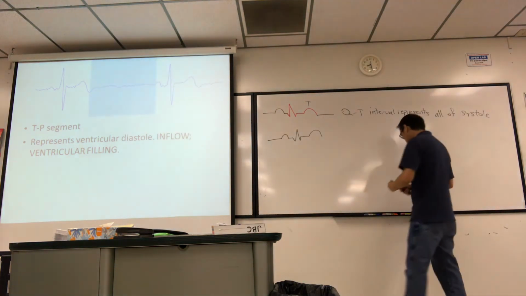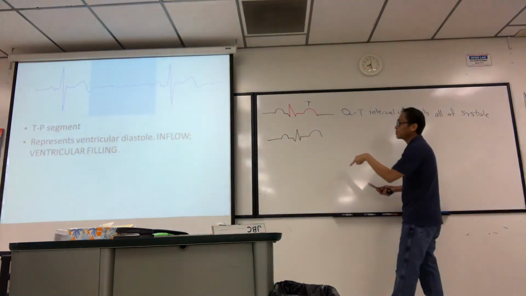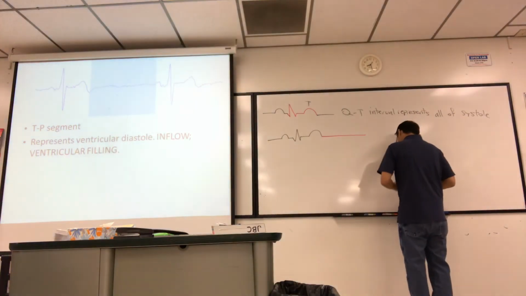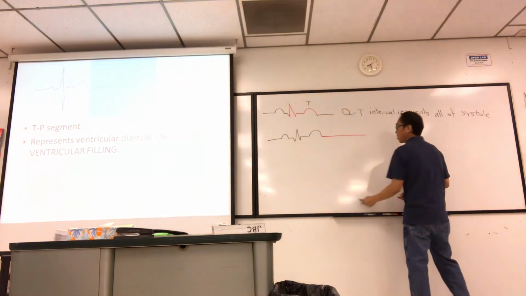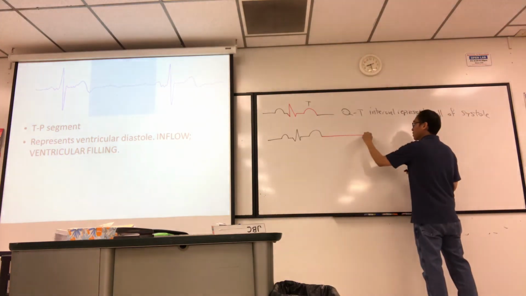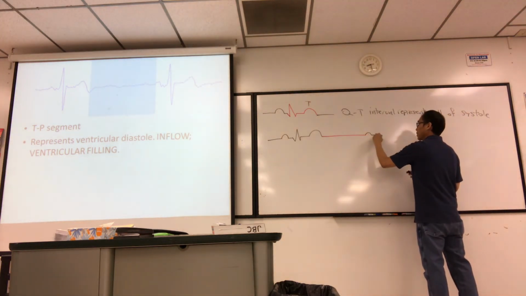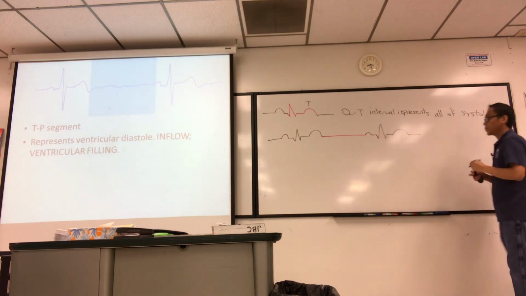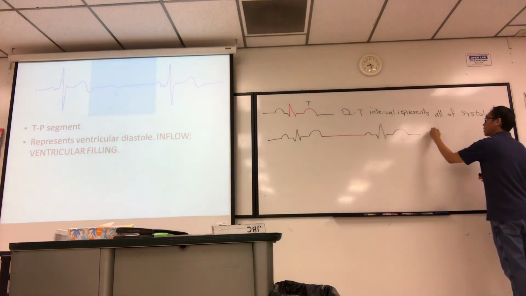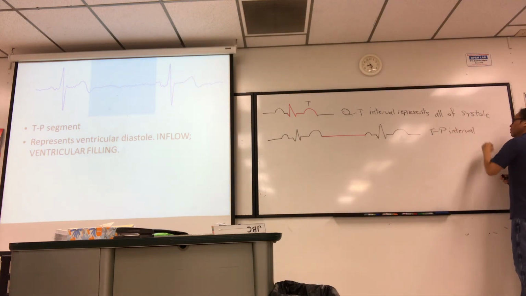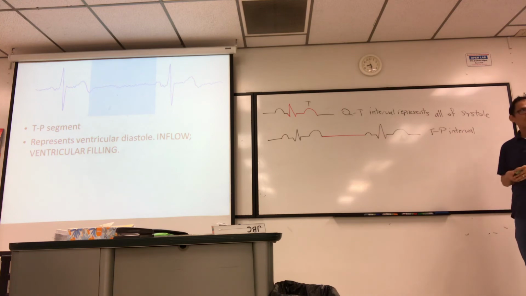So just measure that segment after the T and before the next P. It'll vary because it's based on heart rate. People's heart rate varies, so there's no set time. So basically that time between two cardiac cycles, call it TP interval. It represents most of inflow.